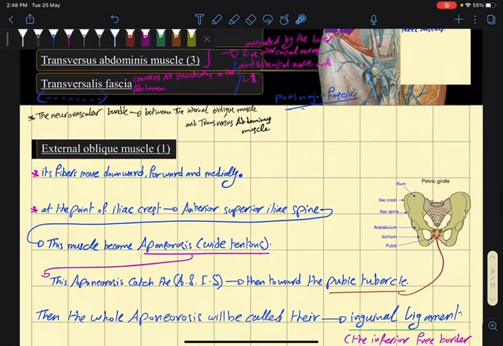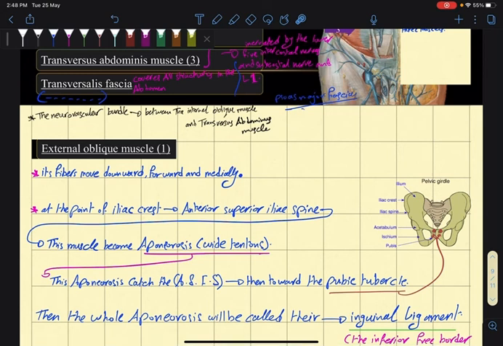The external oblique muscle's fibers move downward, forward, and medially, like the movement of the external intercostal muscle up in the thorax. The same movement: downward, forward, medially.